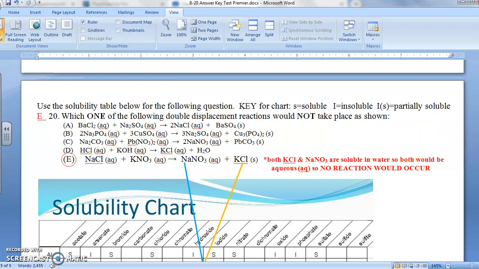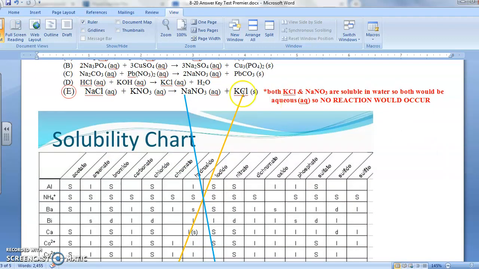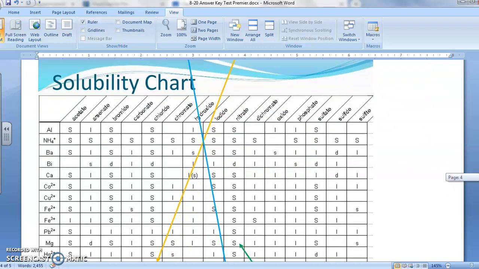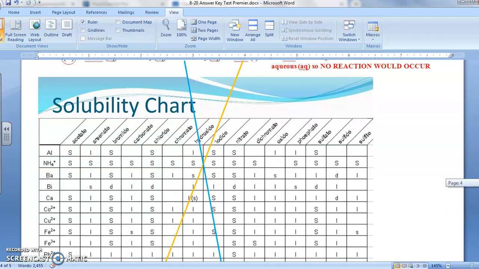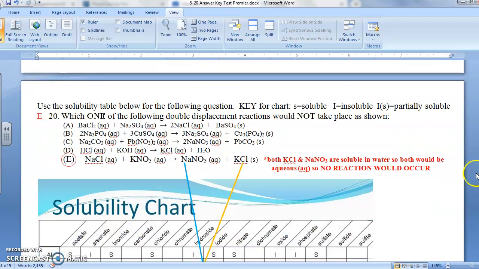Sodium nitrate, they're saying, can be pulled apart by water. They would not precipitate out of solution. We know that most nitrates, we know that most alkali metals and so forth. Here's the sodium. If we look across that sodium column, sodium with anything is soluble is one of our general rules. So yes, that will stay pulled apart.